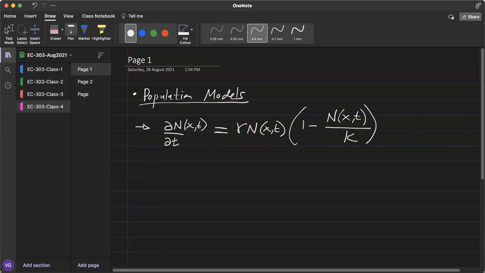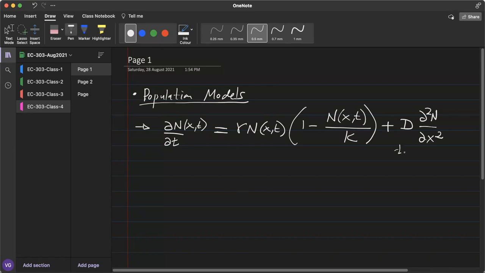So for each location x, we said that the logistic model is true. And then we said the movement between grids can be approximated by a random walk. Therefore, we wrote this equation for how population spreads in space.